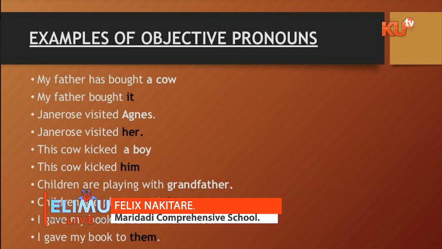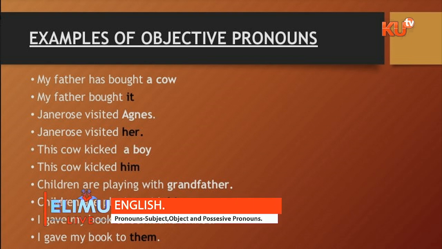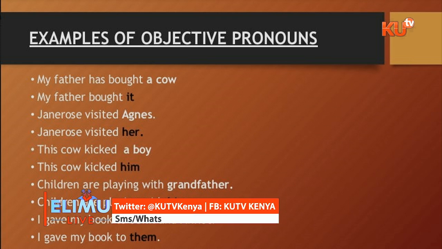We have my father, which takes place of a subject in a sentence, and the second noun is a cow. Now a cow takes position of an object in our sentence, and so we say my father has bought it. Remember, a cow is an animal, and the pronoun for animal or a non-living item, we use it. Therefore, my father bought it.